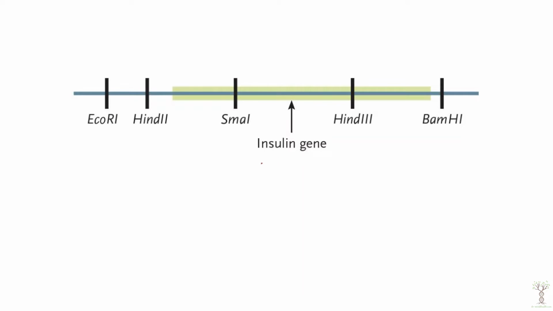So for example, let's suppose this region of the DNA is our human insulin gene. We can see using a restriction map that these restriction enzyme cut sites exist within and around our human insulin gene. So which restriction enzymes would we want to use to cut out our insulin gene?